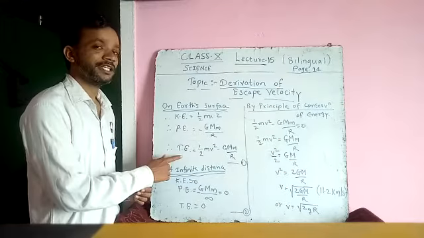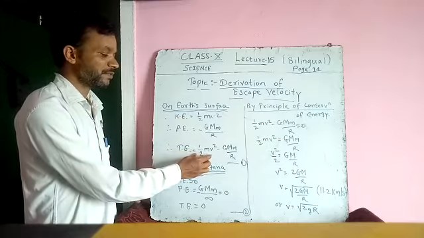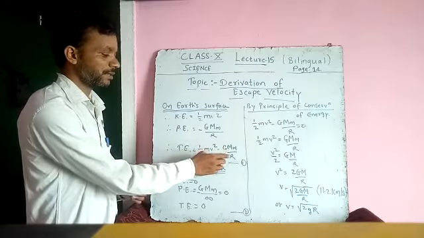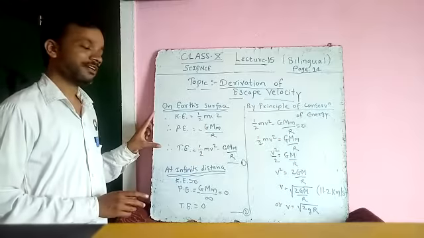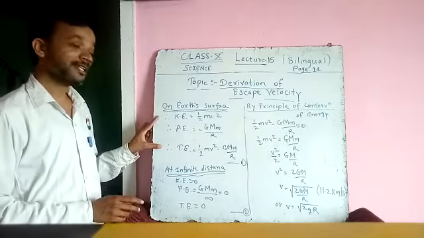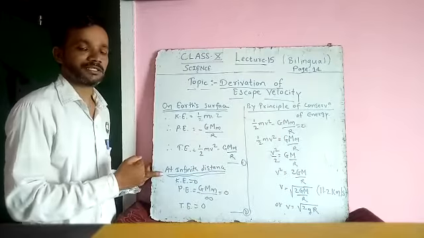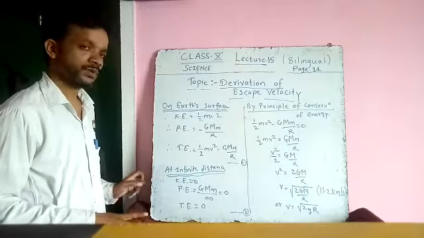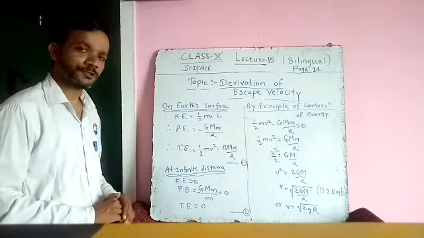So the total energy is equal to the sum of these two energies, that is half mv square minus GMm upon r. Now the same thing we apply in another case, at an infinite distance from the earth. At that point in space, kinetic energy equals 0.